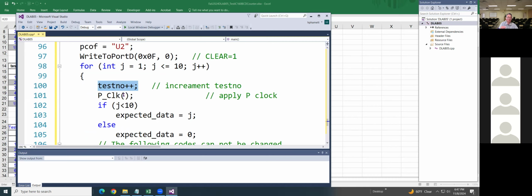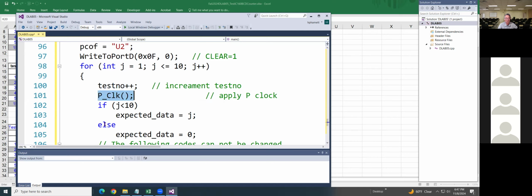The thing I did is I run the loop 10 times. If you don't say that number plus plus, you cannot see that number. And if you want to count, you apply P clock.